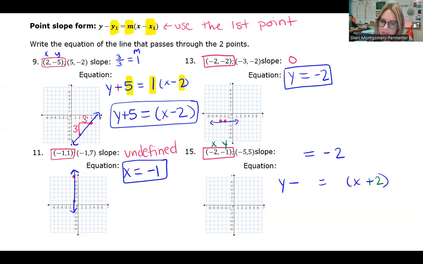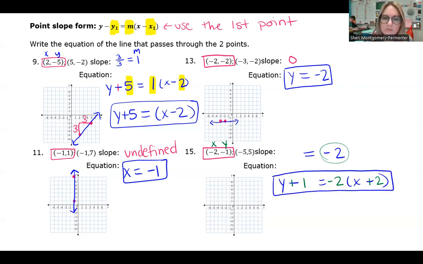For the y, I have -1, so it becomes +1. And for my slope, I plug it in, it is -2. You guys are going to do the rest of this worksheet.